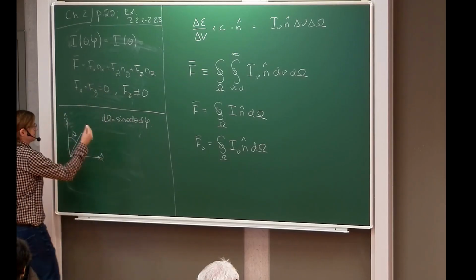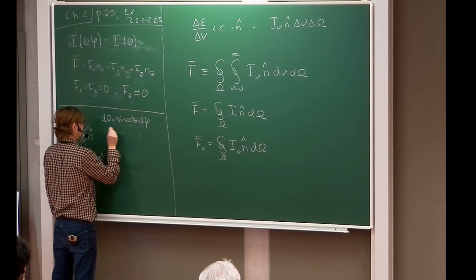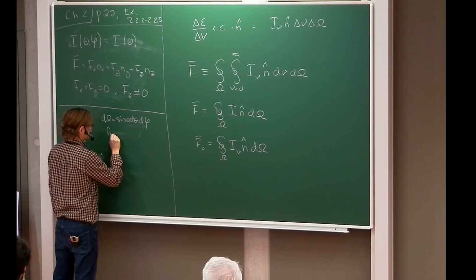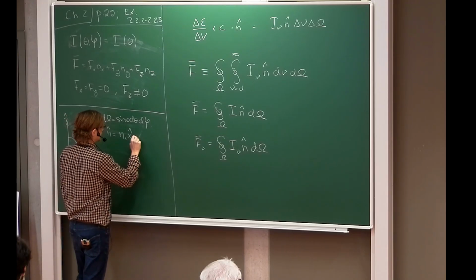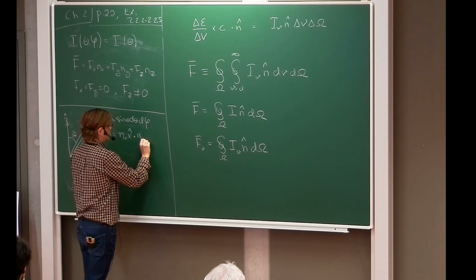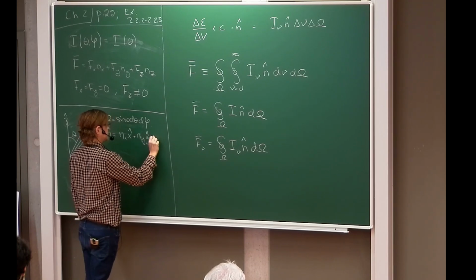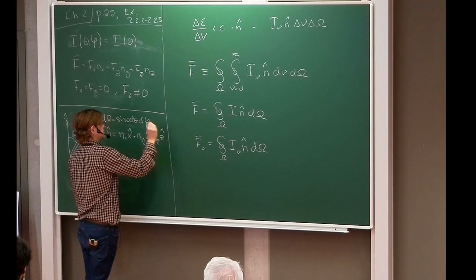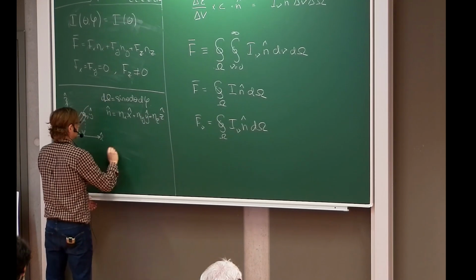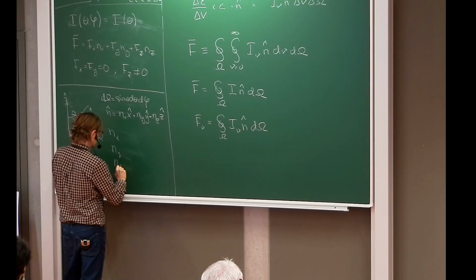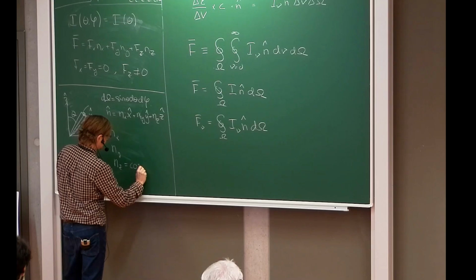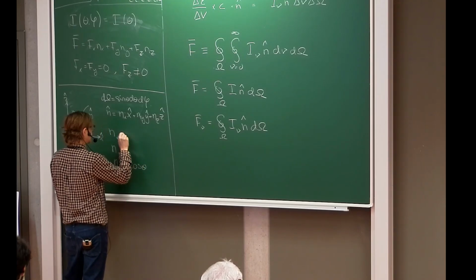Similarly, we can set up the unit vector. If the unit vector is nx x hat plus ny y hat plus nz z hat, then nx, ny, nz: this one is just going to be cosine of theta.